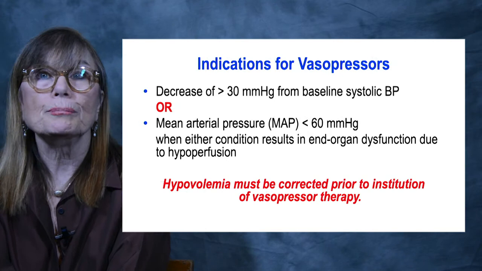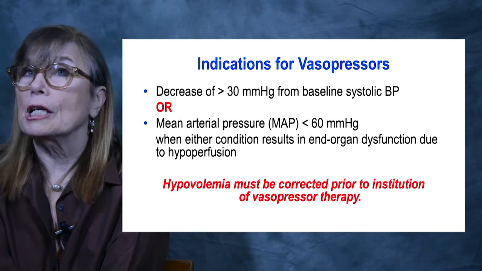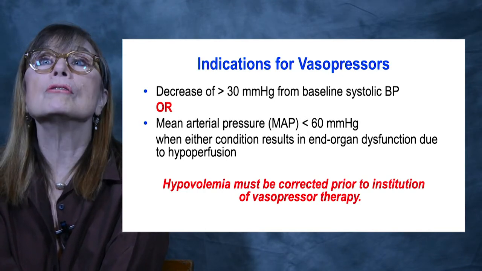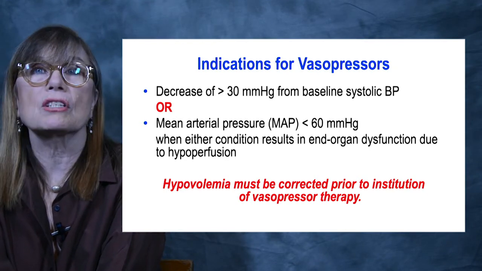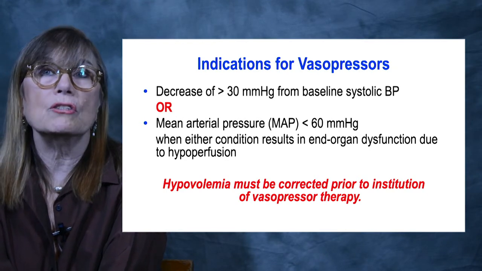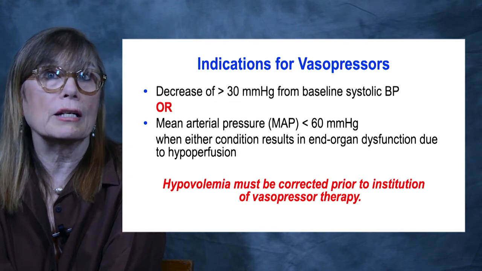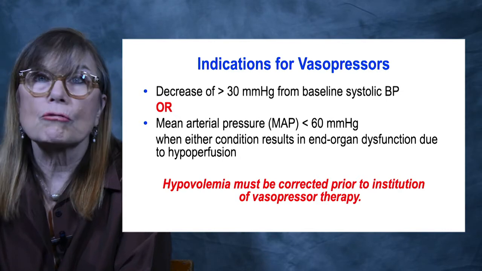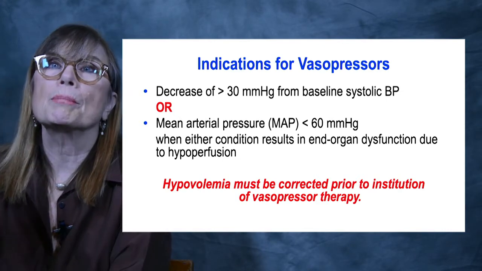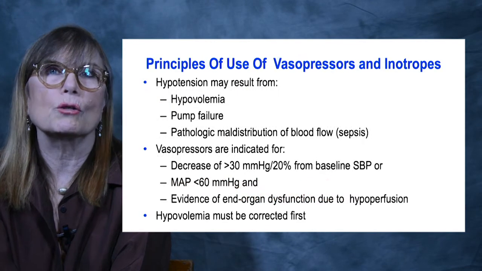Okay, so again, decrease of greater than 30 millimeters from baseline systole or a mean arterial pressure of less than 60, especially when we see end organ dysfunction related to hypoperfusion. So very important. Always remember, hypovolemia must be corrected prior to institution of vasopressors.